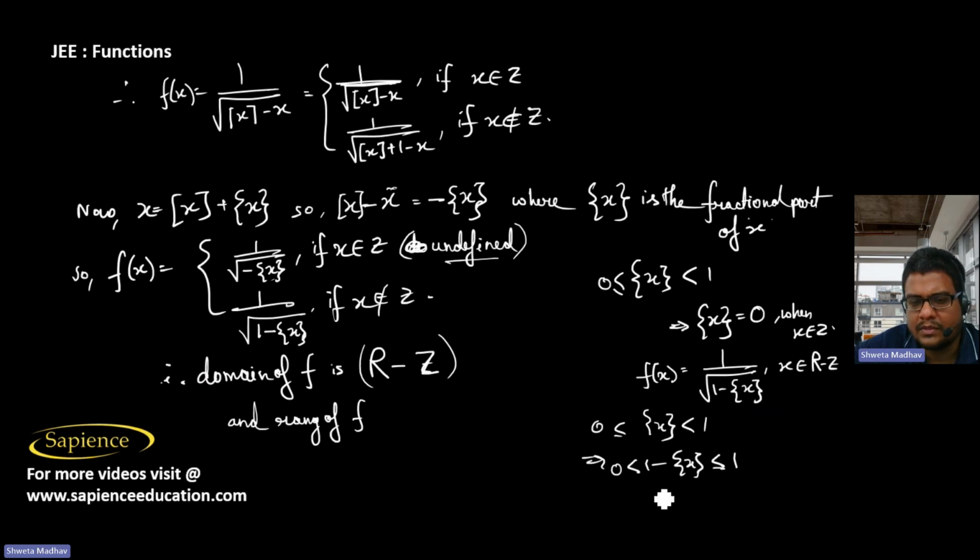Now 1 by square root of 1 minus the fractional part of x will always be greater than or equal to 1.